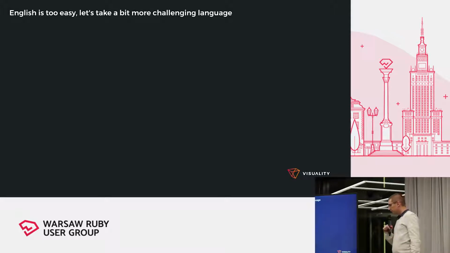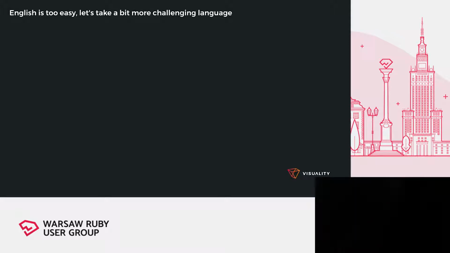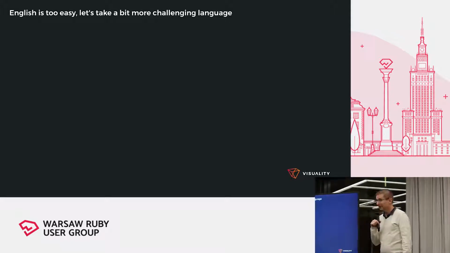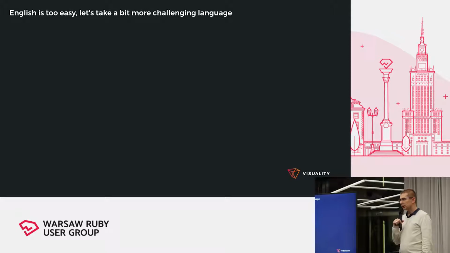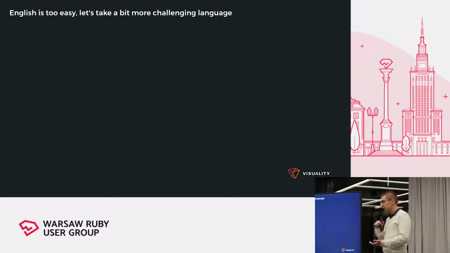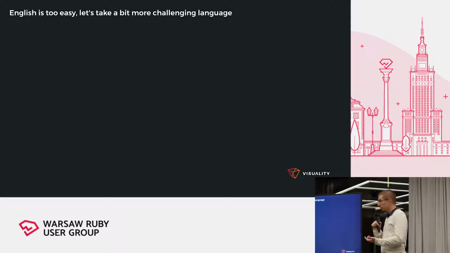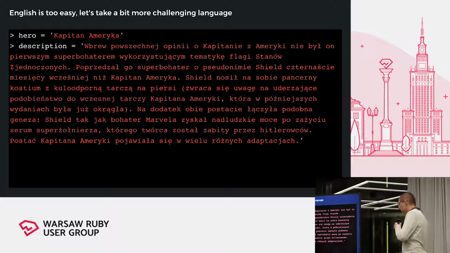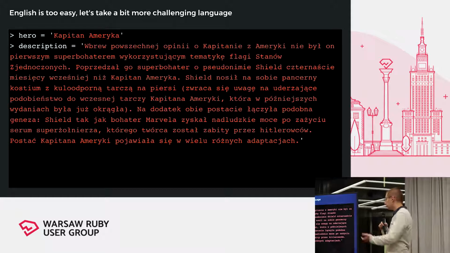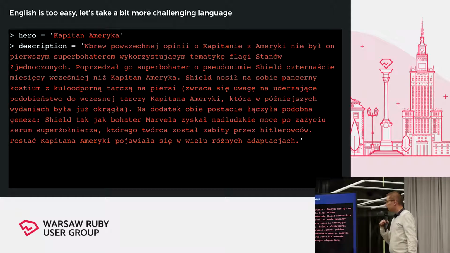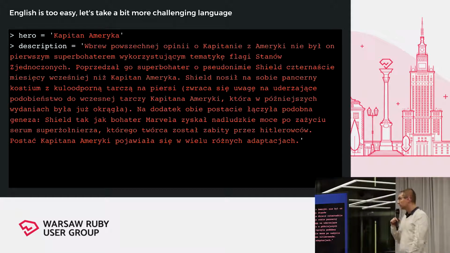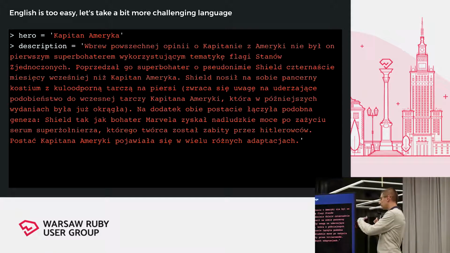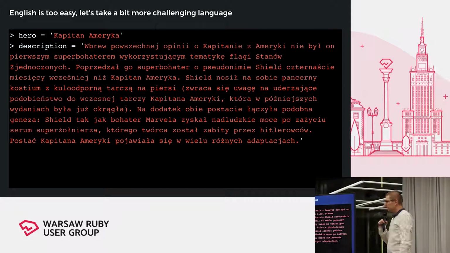I will leave you with one more example. So far we've been working in English, which is quite an easy language. You don't get words in different forms in English. But I can think of at least one other language where there are forms. So let me present you an example in Polish. Again, Wikipedia, a text from Wikipedia about Kapitan America, or in fact, Kapitan Ameryka. In this case, we have Kapitan America in Polish in different shapes and forms.